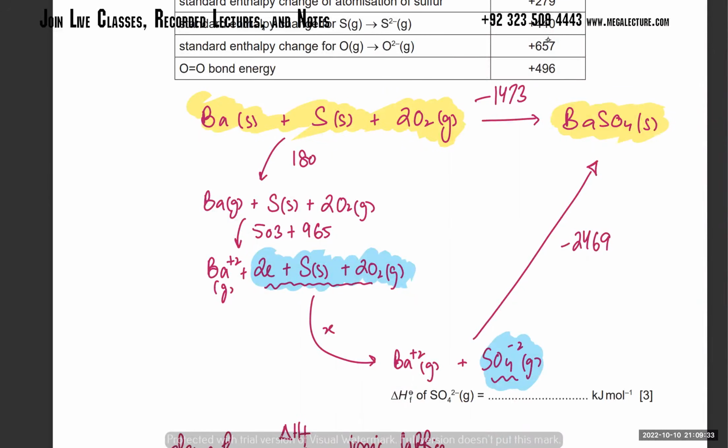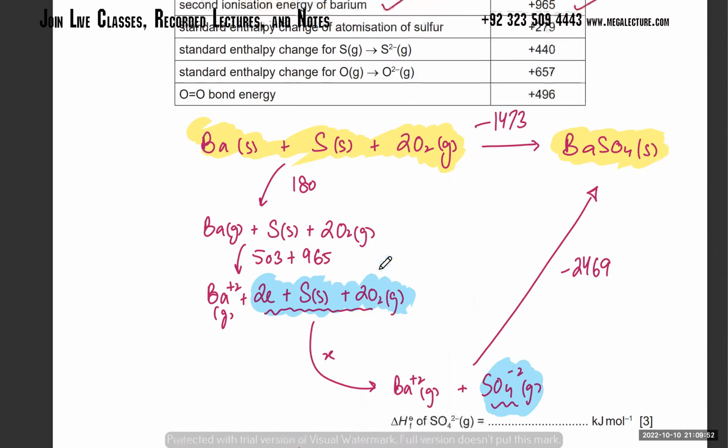I could have drawn a normal Born-Haber cycle, but I decided to jump, because this entire path had to be incorporated into the cycle.